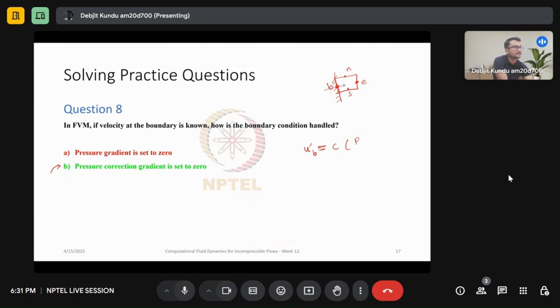U being this way, so U prime B at the boundary is some constant times the pressure at some fictitious point here, let's call it PW, and some PP here.